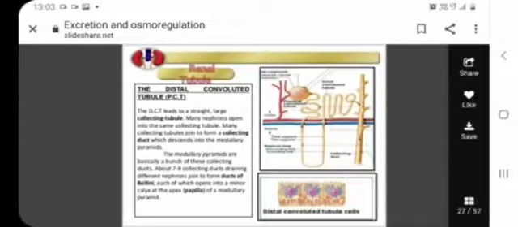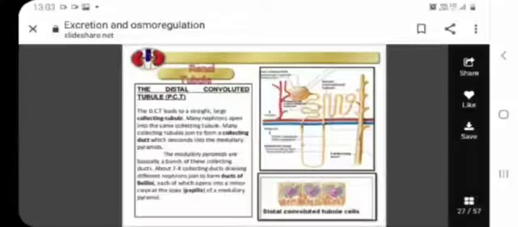Convoluted tubule leads to straight, large collecting tubule. Many nephrons open into the collecting tubule. Many collecting tubules join to form a collecting duct, which descends into the medullary pyramid.